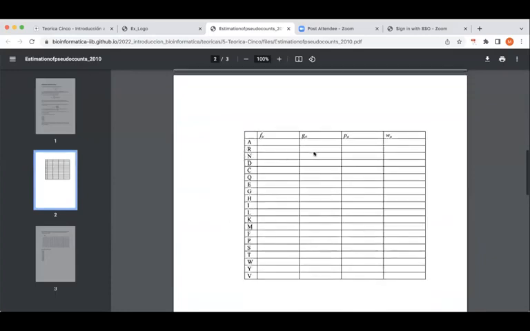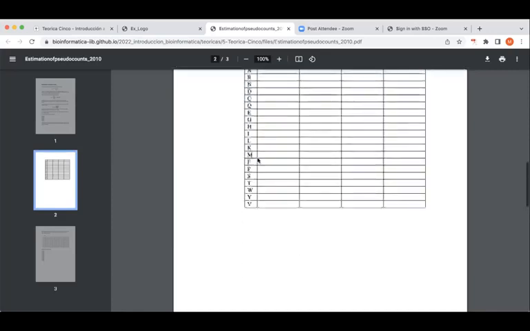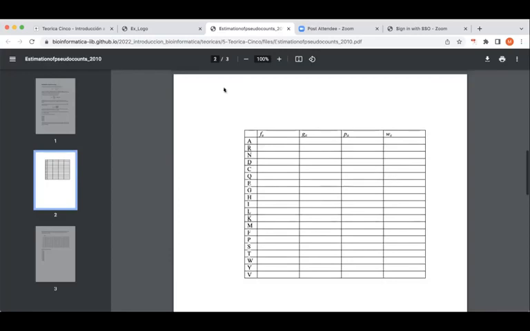Pick just one amino acid and then fill out the observed frequency, the pseudo frequency, the combined frequency, and the weight matrix value for that given amino acid. I'm going to go through alanine just now, so don't pick alanine. So when we're done here and I assign you to the breakout rooms, pick an amino acid and go through this exercise and fill out one amino acid only. Okay? And then we meet again in a short while.